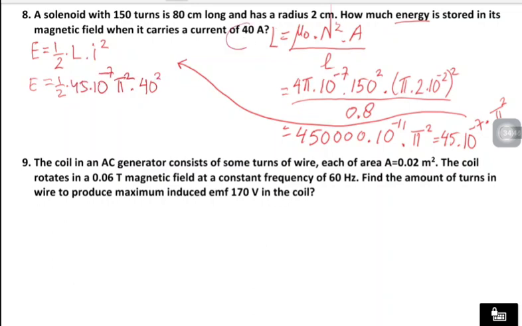The current is 40, so that we get the value 36,000 pi square times 10 to the minus 7 power.